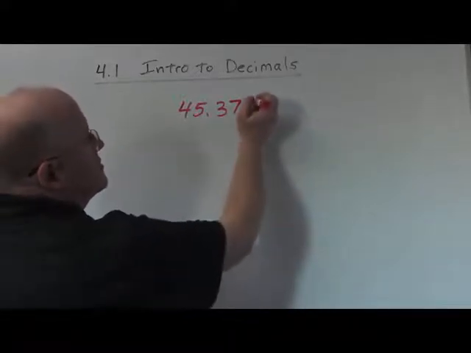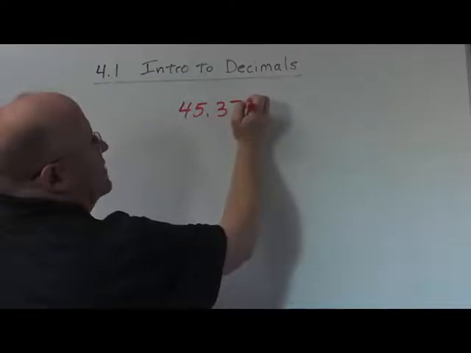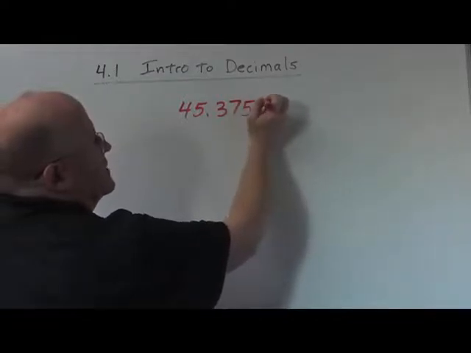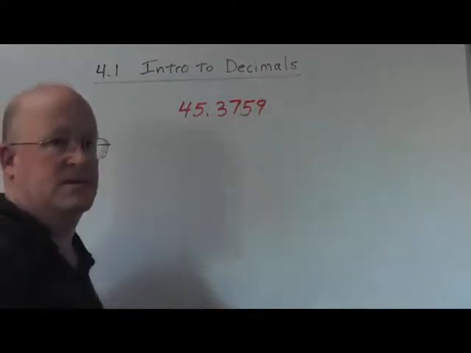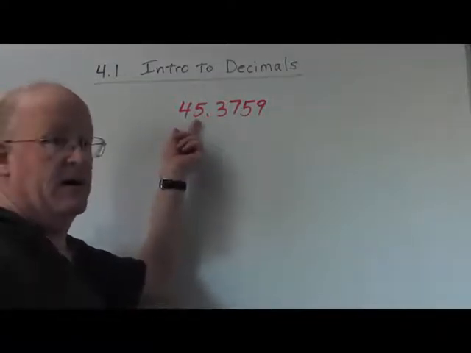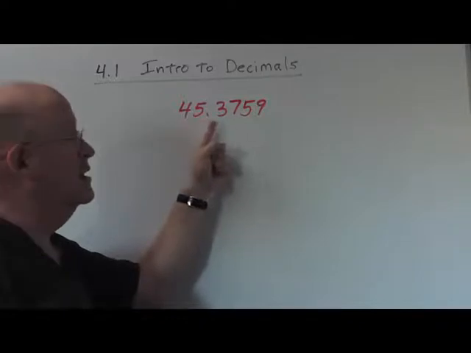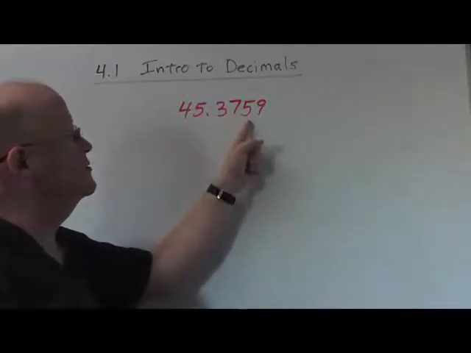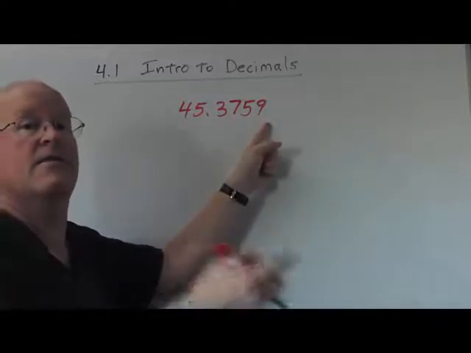Let's go 2 more positions out. So I'm going to add a 5 in the thousandths column and a 9 in the 10,000ths column. This would now be pronounced as 45 and 3,759 10,000ths.